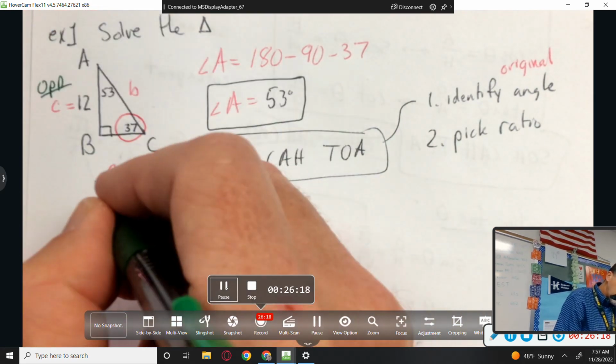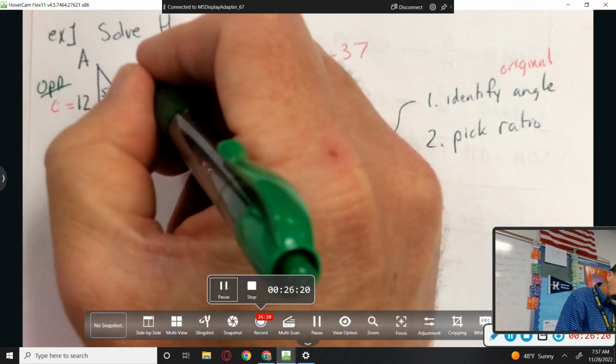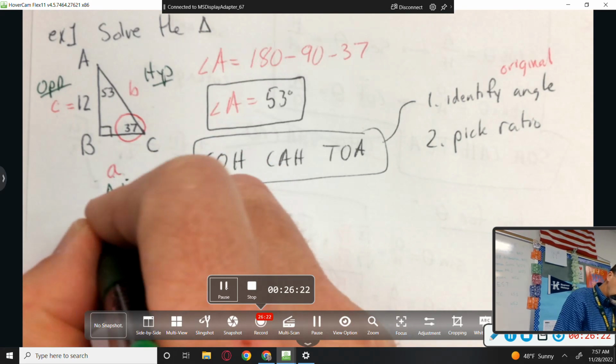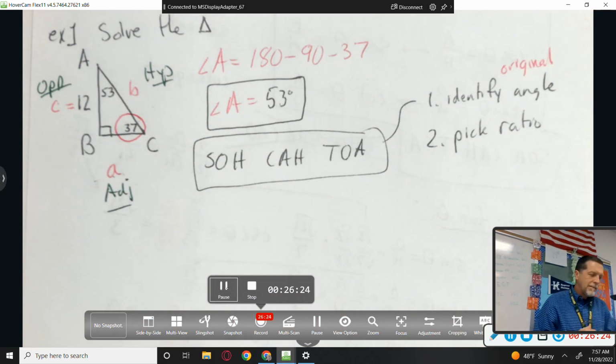Opposite, adjacent, hypotenuse. So the angle that they give you is always going to be theta? You should probably set the angle they give you, call that theta. You can do it with 53, but what if you made a mistake figuring out 53? Then that error continues through the whole problem. So you should use the original whenever you can.